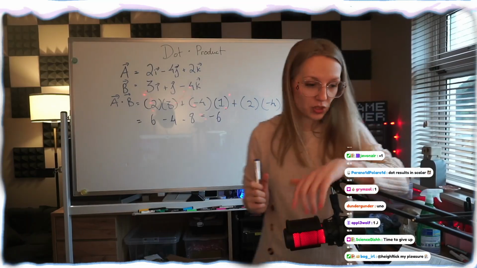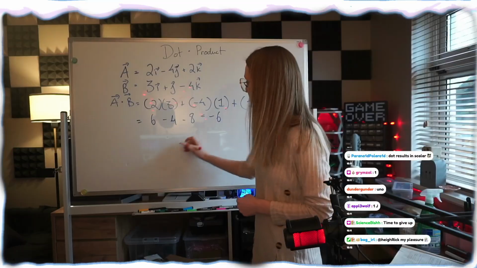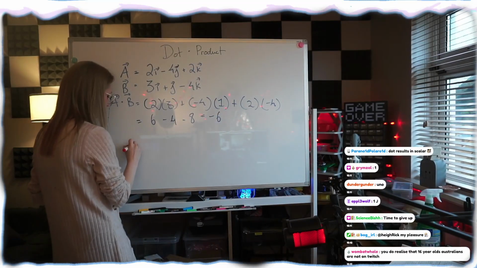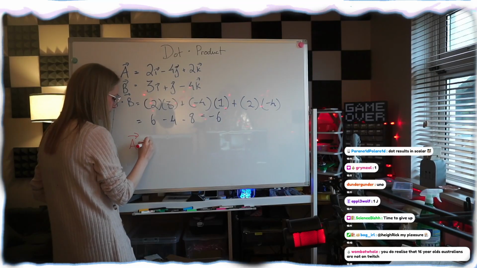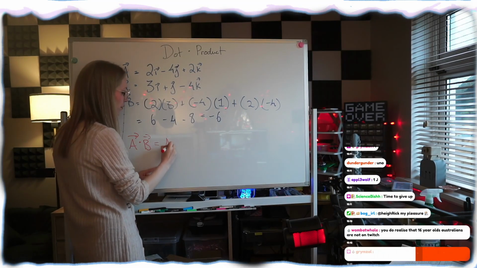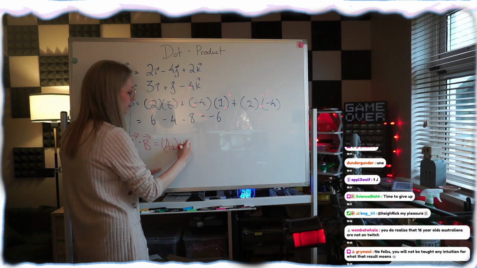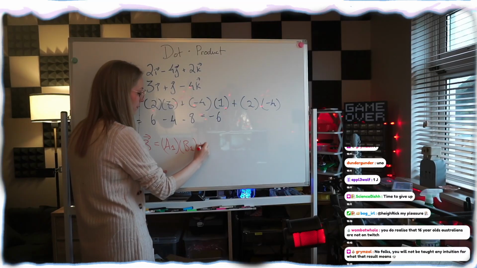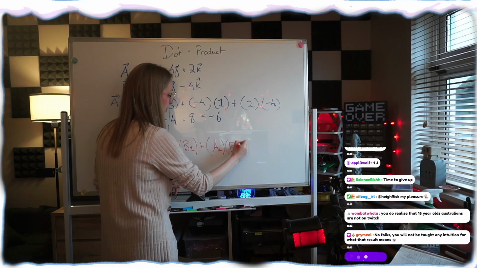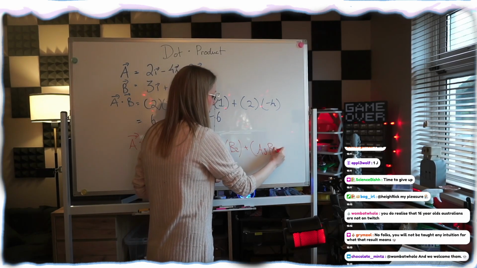The general expression for a dot product is to grab the component A1 and multiply it by B1, plus A2 multiplied by B2, plus A3 multiplied by B3.